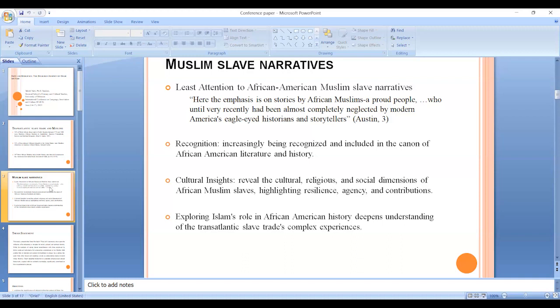These narratives reveal the cultural, religious, and social dimensions of African Muslim slaves, highlighting their resilience, agency, and contributions. And third of all, they give us a glimpse of Islam's role in African American history and deepen our understanding of the transatlantic slave trade and its complex experiences.